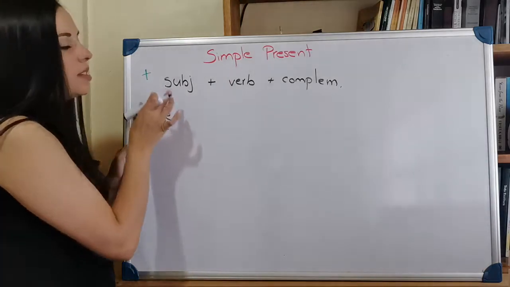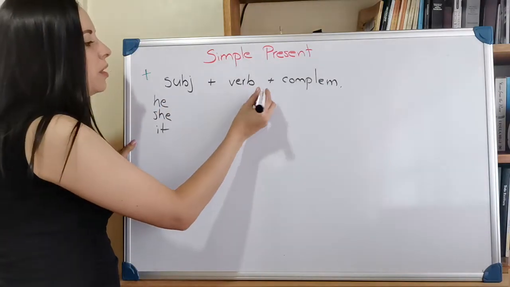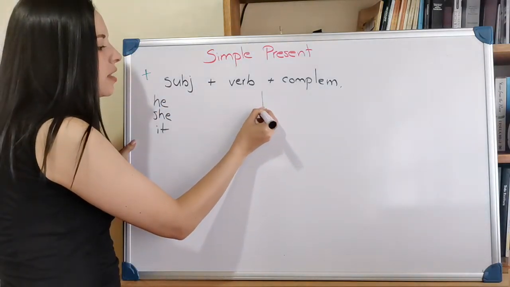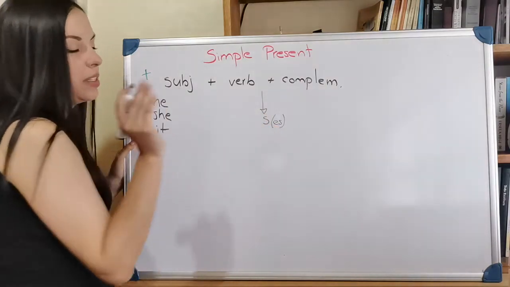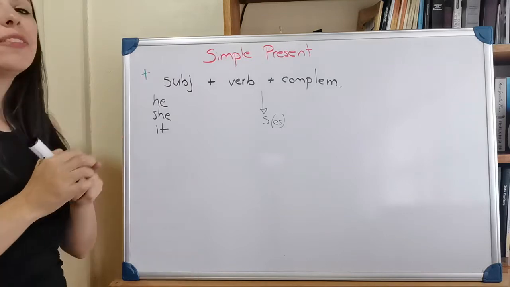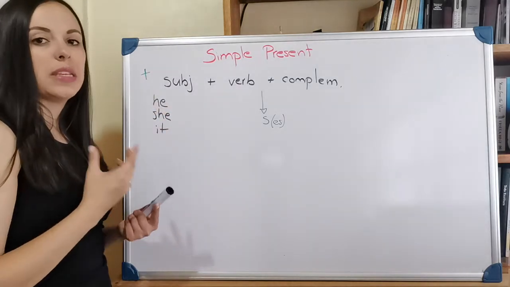Okay, if the subject is third person singular, the verb requires an S or ES, depending on the verb. Okay, that's the only rule that you need to remember to write affirmative sentences in simple present.